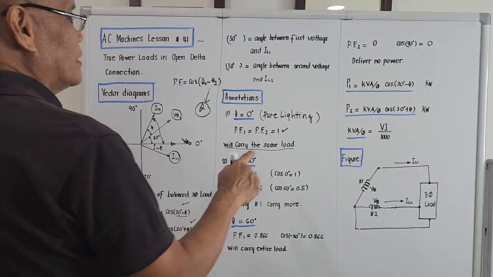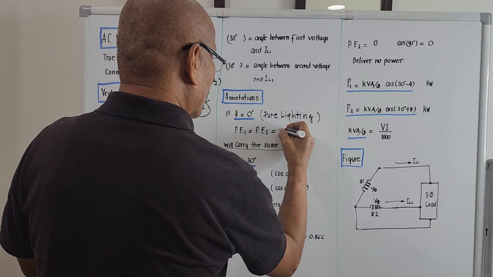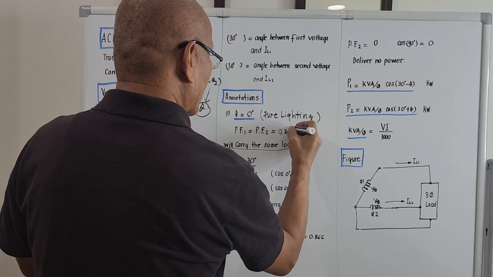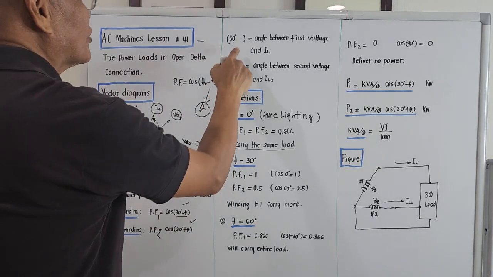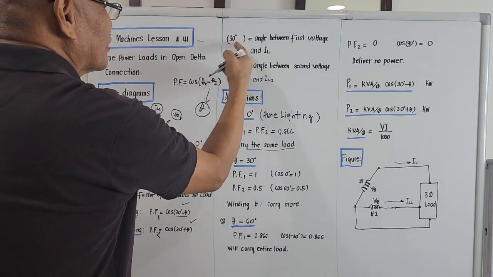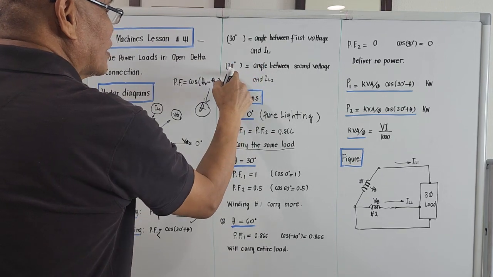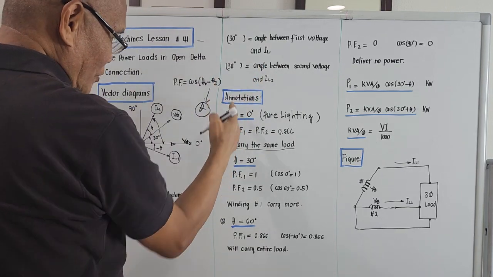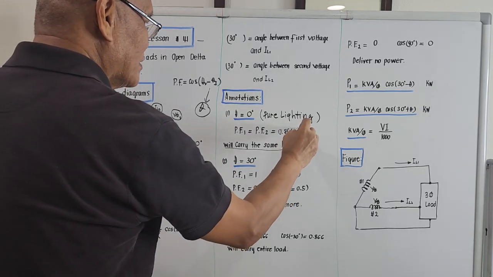Sorry for this one, this should be 0.866. Because when theta is 0, this becomes 30 minus 0, which is 30 degrees, and 30 degrees plus 0 is still 30 degrees. So for power factor number 1 and number 2, it will be 0.866.